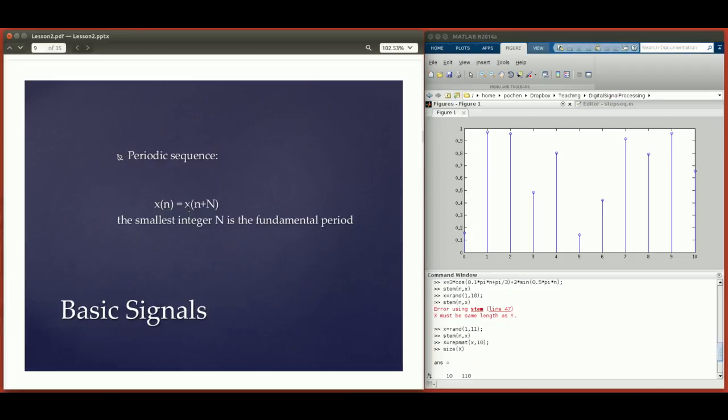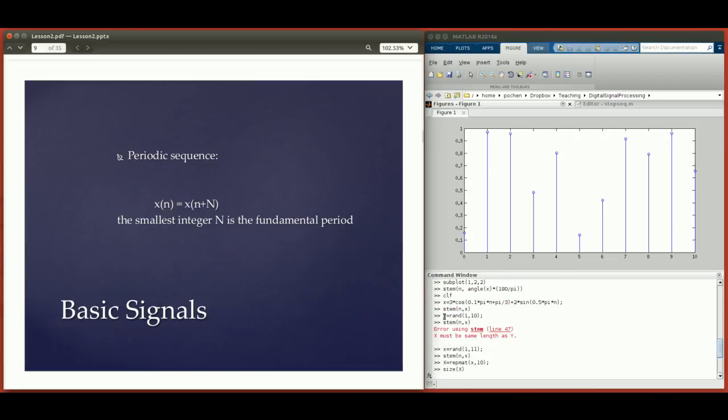So x[11] equals x[11 plus big N], still 10, so 11 plus 10 is 21. So x[11] equals x[21]. If the signal follows these characteristics, it's called a periodic sequence.